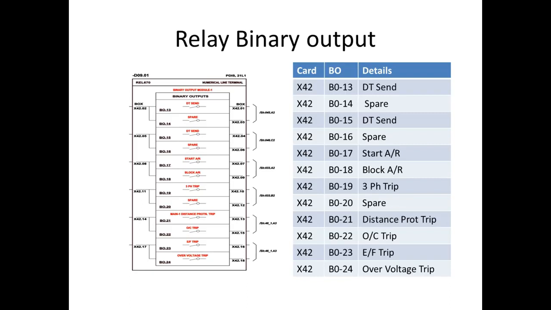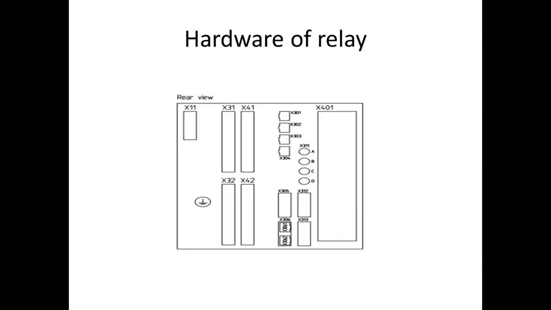So this card will be named in the application as BOM-4. So our relay will have a real view like this. X401 is our analog, X31, X41 are binary inputs and outputs of the relay.